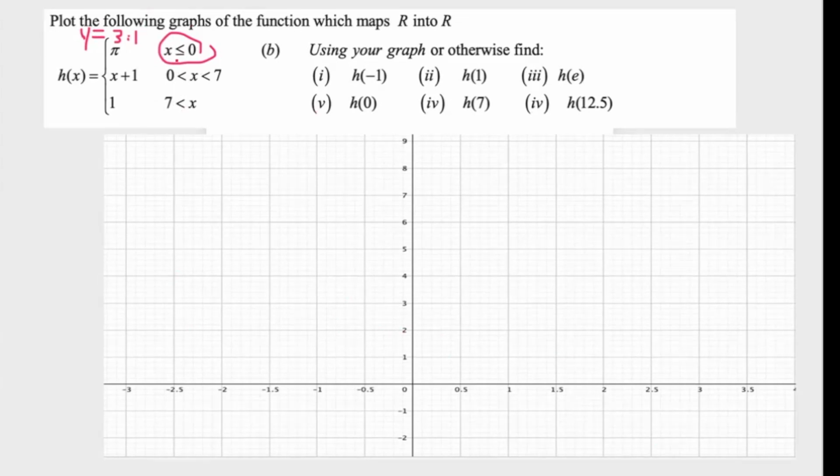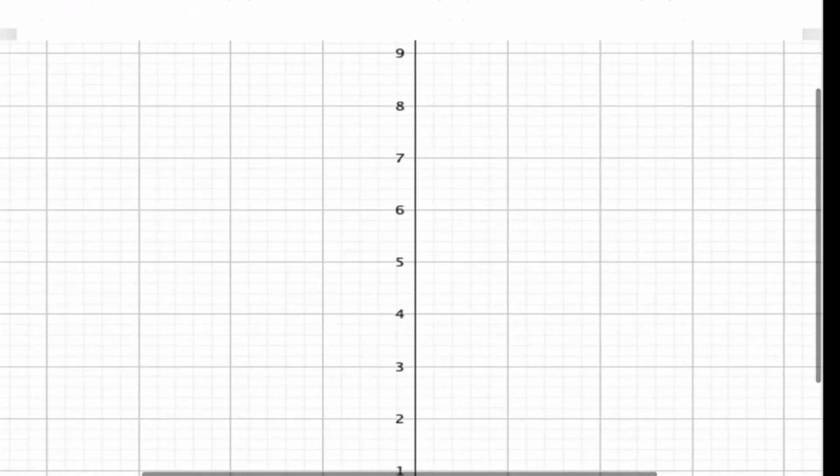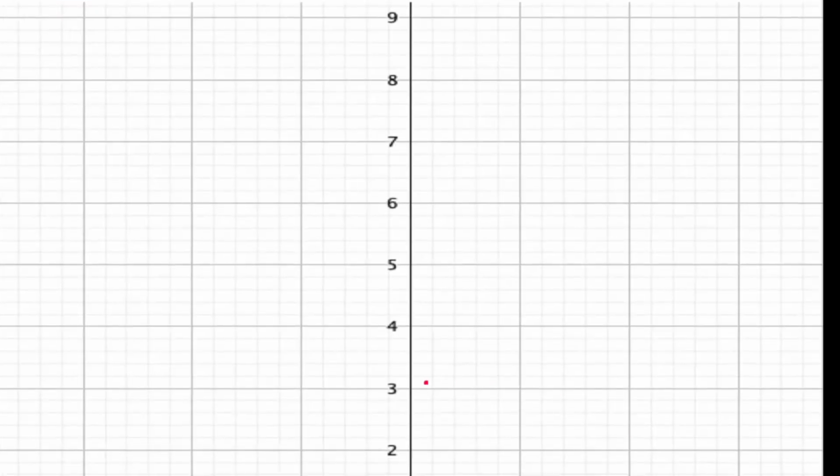So given that it says x less than or equal to 0, the equal to means that we're using the number 0. And from set theory, if we're using it, we would have a shaded circle to say it's closed. We're going to use that same information here, where let's look for 3.1. So just zooming in. 3.1, this would be 3.2, so that means 3.1 would be in between here.